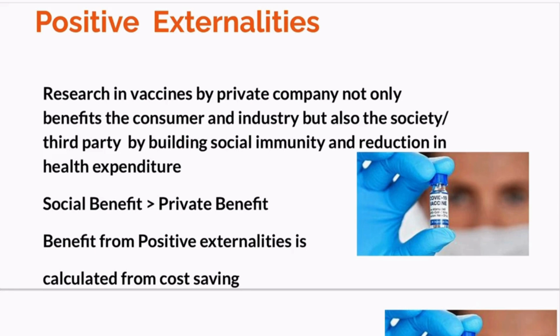Similarly, if those 100 vaccines reach the consumers, and a 101st consumer has to receive that vaccine, that is an additional private cost to that consumer if he has to purchase it, right? If by some other way we make sure that the 101st consumer is not paying but the society is paying for that, then that becomes the marginal social benefit. Okay, so this is the way we look at the marginal private benefit and marginal social benefit in case of positive externality.